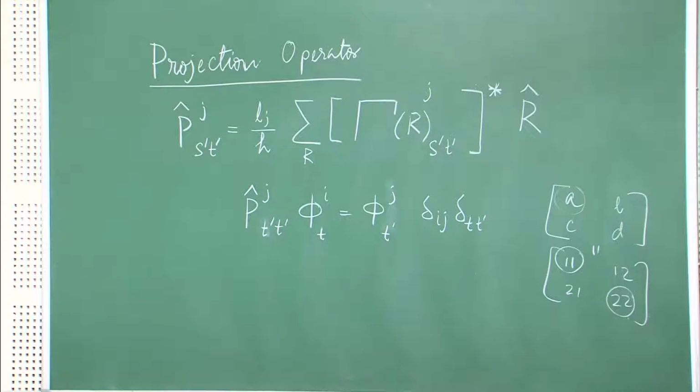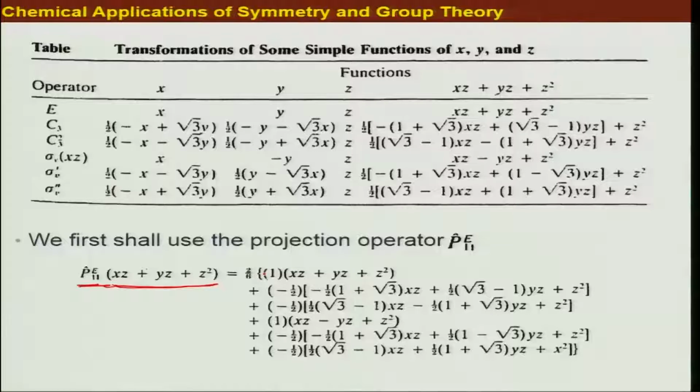You start with E, then go for C3, then C3 squared, then sigma V xz, sigma V prime, sigma V double prime, in that way. So you see how we have operated this projection operator on this function.